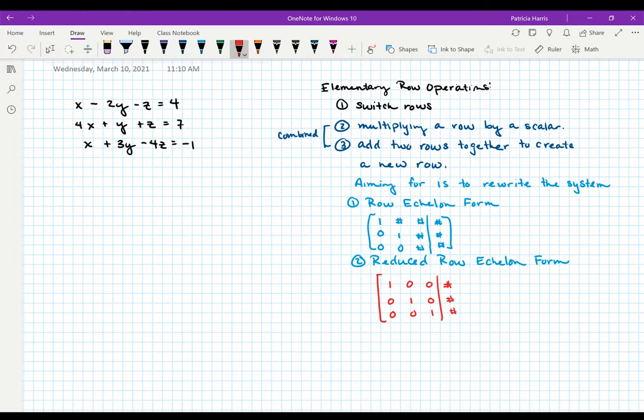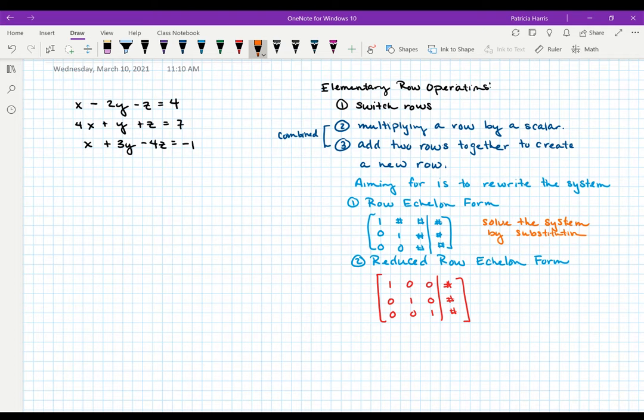Okay, when you get your system to row echelon, then what you do is solve the system by back solve. Once you get it to that point. Okay.